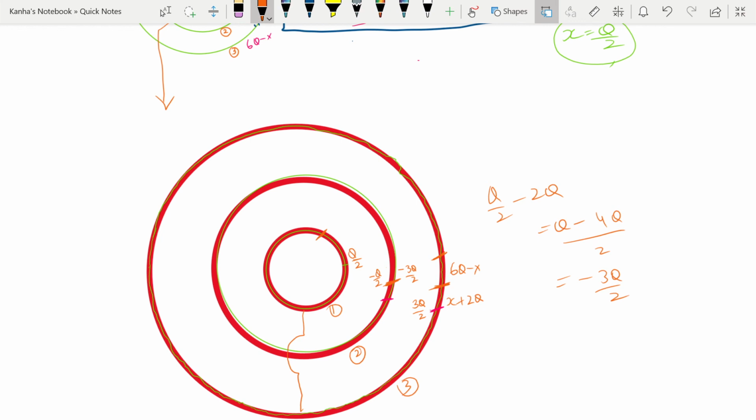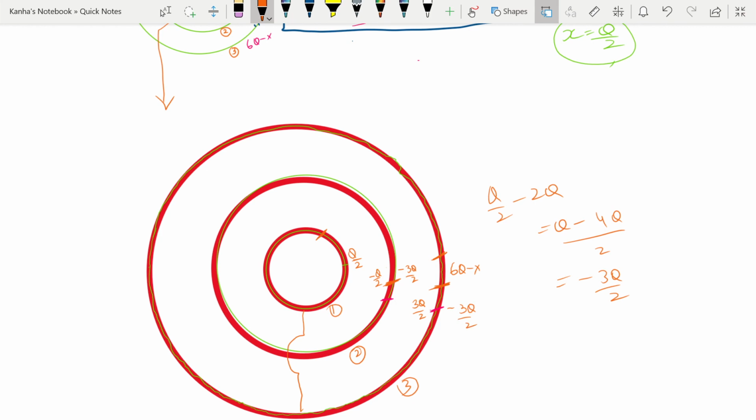And what does it give on the outer one? It induces a charge minus 3q by 2 outside.